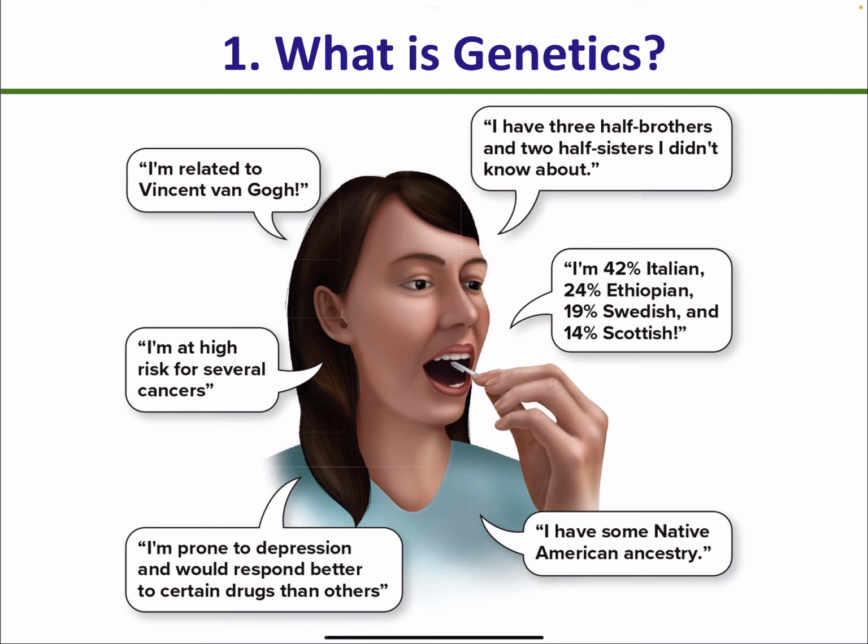You can find out that you may be prone to depression and that some drugs would be a better fit for you to treat a particular type of disease than others. You may find out that you are at risk of developing a number of cancers, such as breast cancer, colon cancer, prostate cancer, and so on.